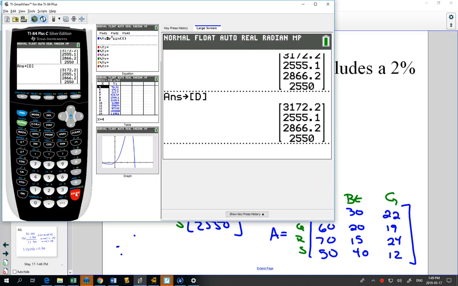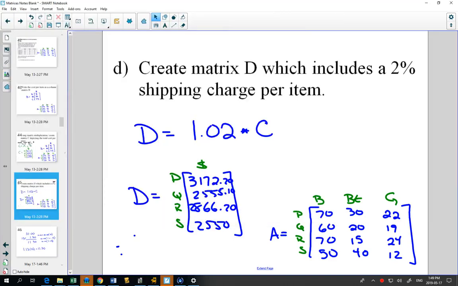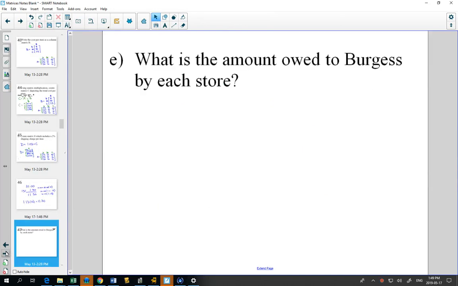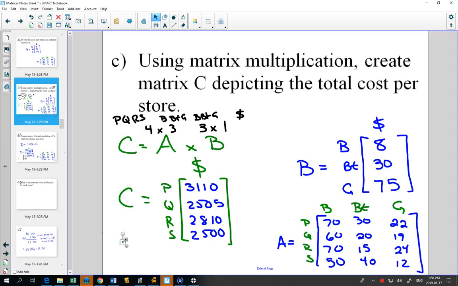So I've got my matrix A, which is the order, matrix B, which is the cost per item, multiplied together to find out how much each store owes, added the shipping charge, and finally in part E, what is the amount owed by Burgess by each store? So I'm going to go back and steal matrix D from here.